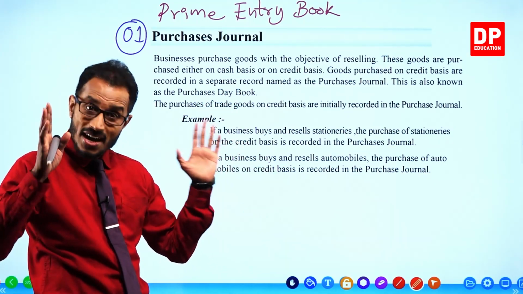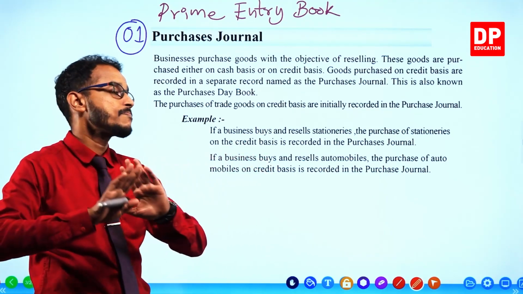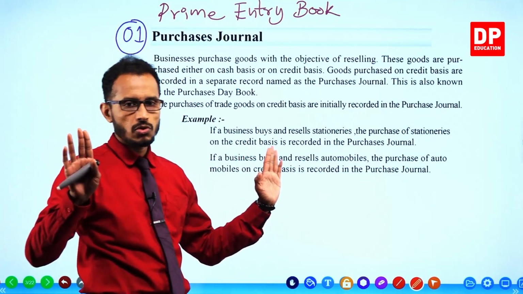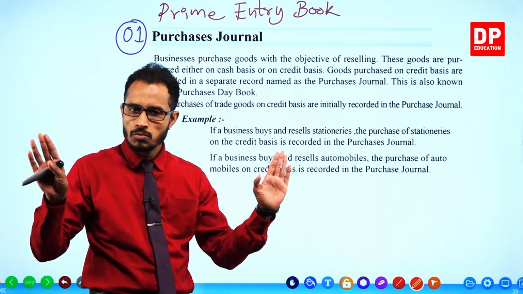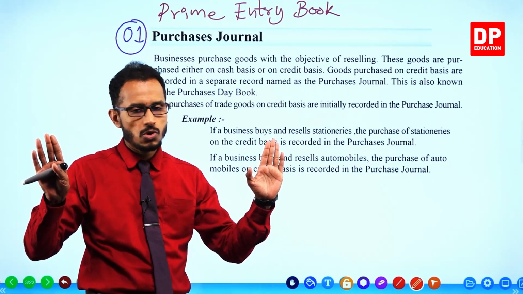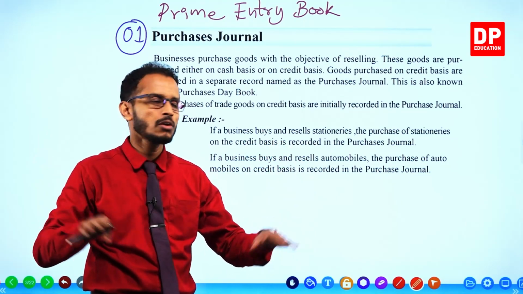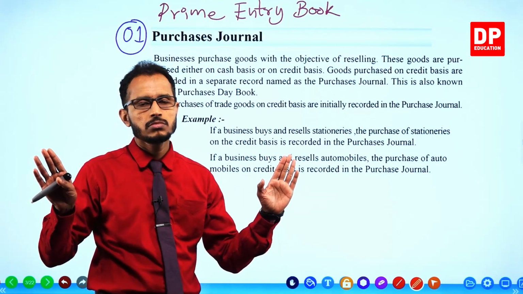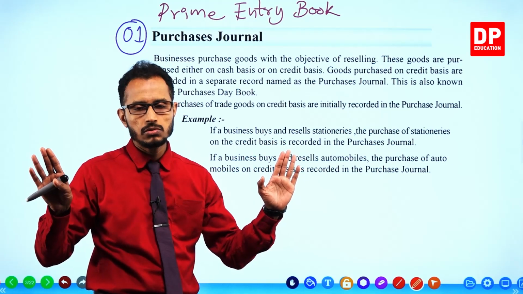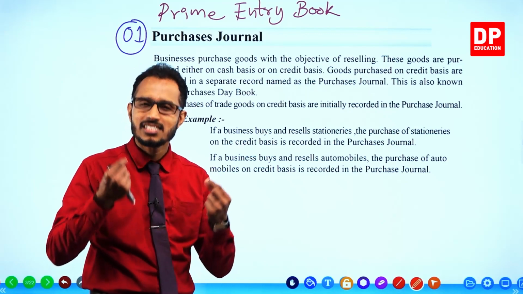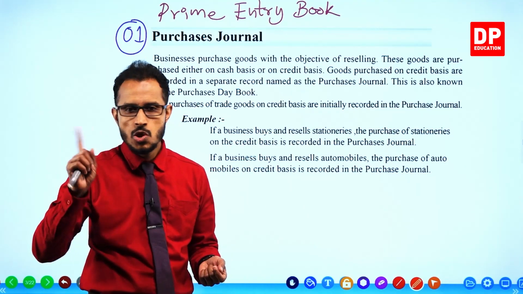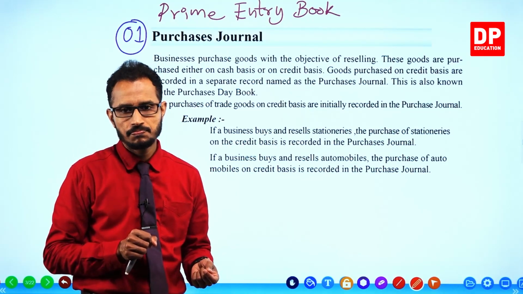Remember, children, Purchases Journal, no dual role. Sales Journal, no dual role. General Journal, no dual role, which means they are just prime entry books, not ledger accounts.